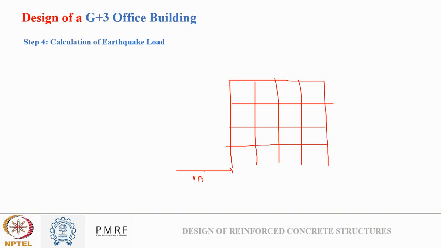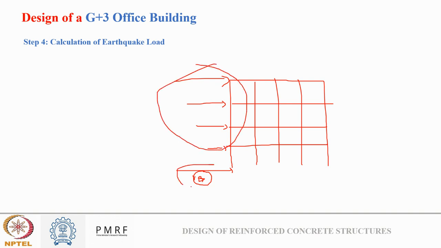Now this base shear will be distributed along each floor. How that distribution is done is again given in the code. Some part of the shear will go to the first floor, some part to the second floor, some to the third floor, and the remaining part to the top floor. So the addition of all these forces will be your base shear.